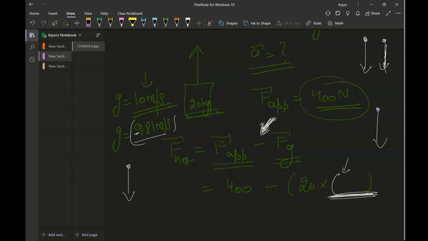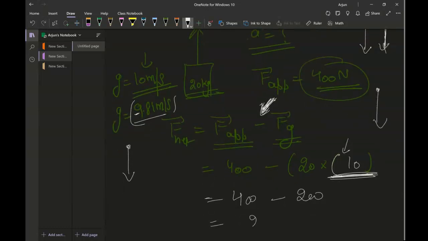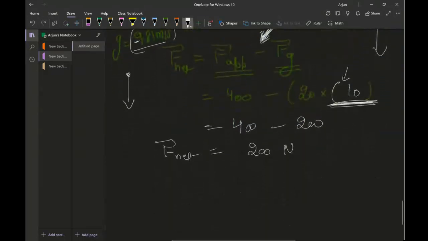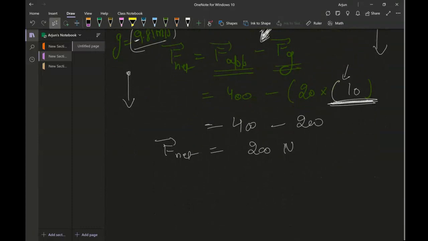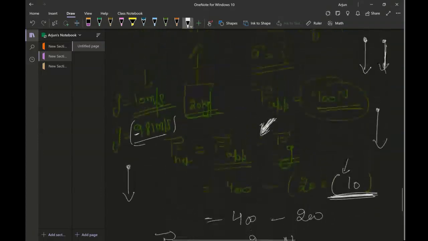All right, so now I'm going to do the calculation here. As I said, I'm going to use the number as 10. So the calculation will be 400 minus 200. So the net force will be equal to 200 Newton. This is the net force which is acting on this object. Now, this net force is equal to what? This is equal to mass times acceleration. Why have I written this?